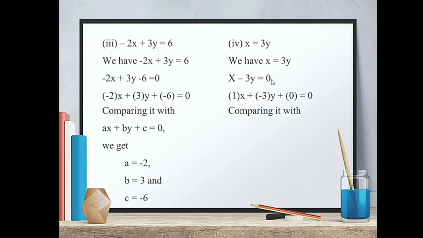Now compare it with the standard form of linear equation. When we compare, we have find that here the coefficient is 1. It means a equals to 1, b equals to minus 3 and c is equals to 0. Here we get a equals to 1, b equals to minus 3 and c equals to 0. So this is how we have to indicate the values of a, b and c.